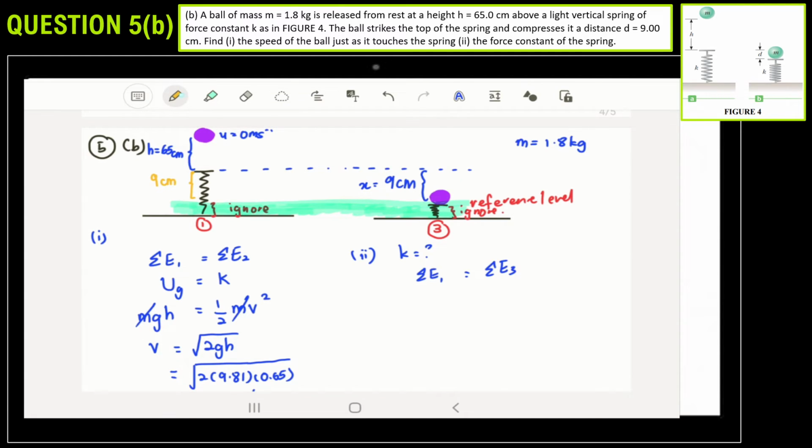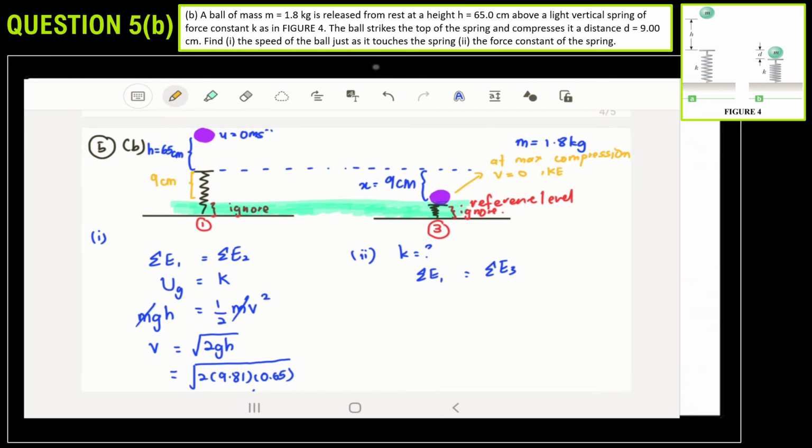Now for the second one, we have a compression of 9 cm, and remember, at maximum compression, bayangkan bola tu jatuh and then spring tu compress sehingga ke bawah. At maximum compression, the velocity is equal to 0.